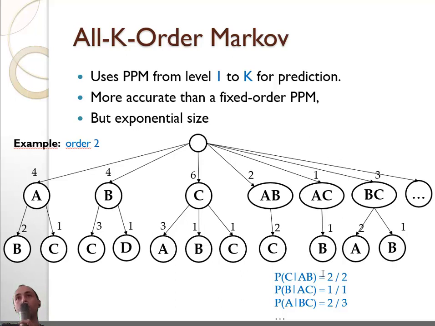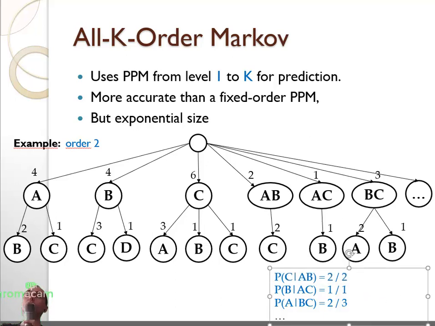Now, let's say I want to know what will happen after AB. I look under the tree for AB, and I divide the number of times I have AB followed by C, which is 2, by the number of times that I have AB, 2. So it will give 2 divided by 2, the probability that C follows AB.